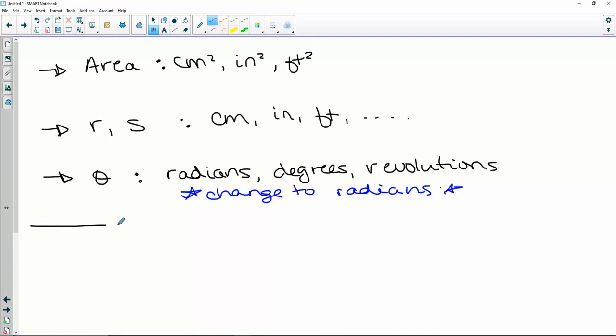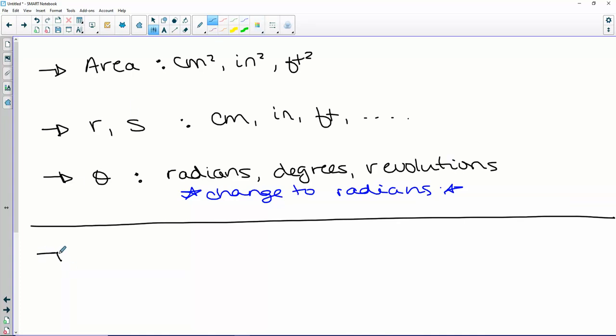Then you have your rates. Your rates, your units are always like something per something. So v is linear, so it'll be inches per second, centimeters per minute, miles per hour. So it's a linear measure per unit of time.